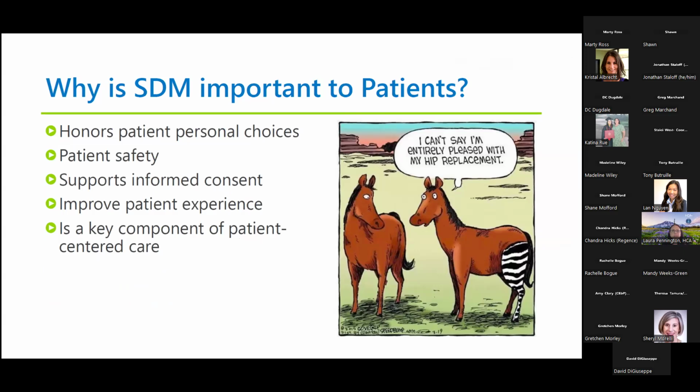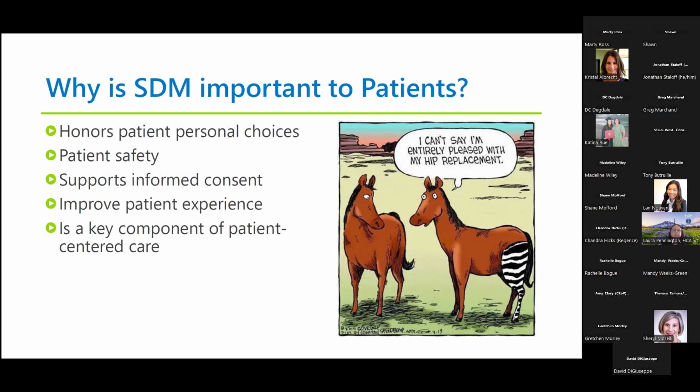So why is it important to patients? It seems pretty obvious, and this is a tongue-in-cheek way to look at it, but it's really true. It really honors the patient's personal choices. So it's important that as a provider, you clearly understand what is important to them, which helps support the provider-patient relationship too. It's been shown to increase patient safety, or at least their perception of safety.